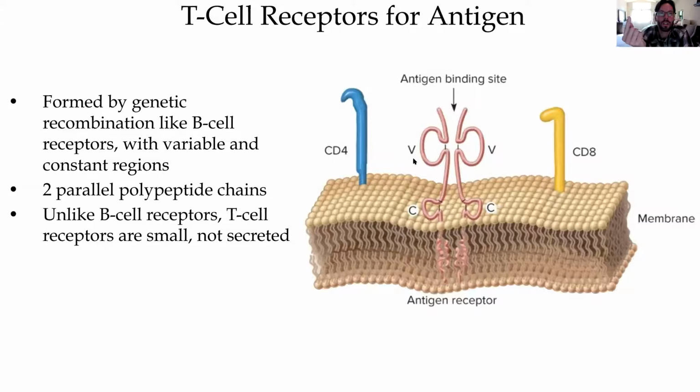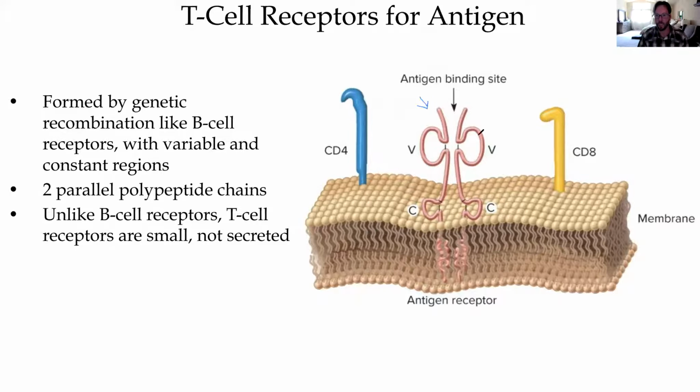Macrophages and dendritic cells have toll-like receptors that detect the antigen and bring it in. They process it. They display it back on the outside using the MHC class II receptors. And then how does that trigger the T cell? Well, the T cell is going to have first an antigen binding site right here.